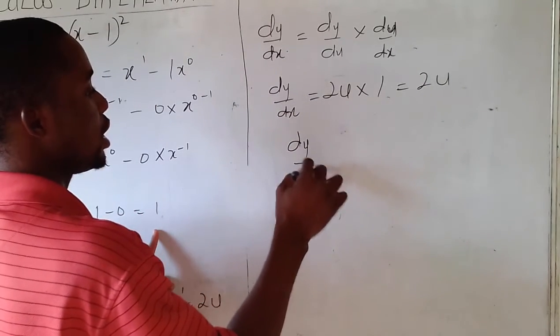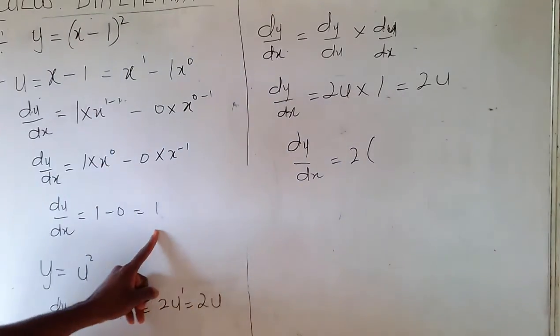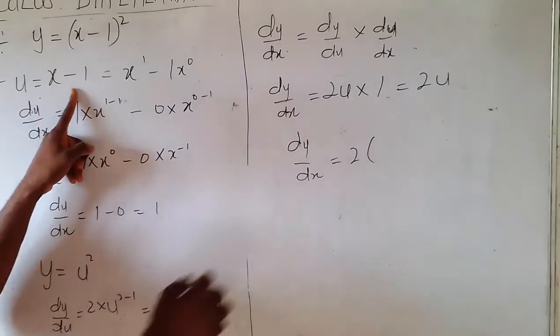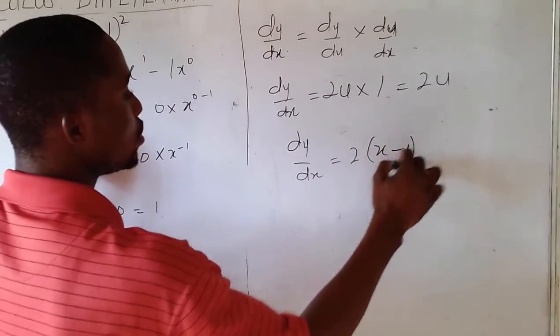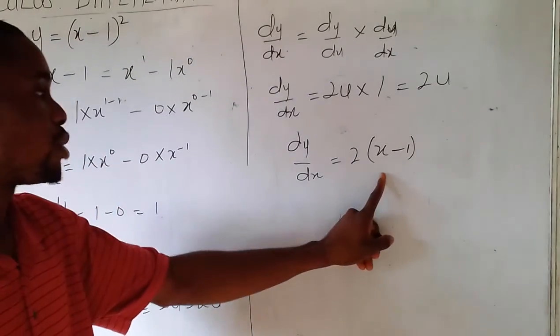Therefore, dy/dx is equal to 2 times u. What's our u in the question? u is equal to x minus 1. So dy/dx for y equals (x minus 1) squared is equal to 2 into bracket x minus 1.